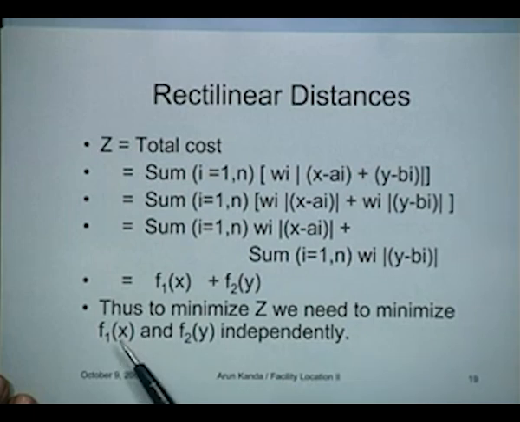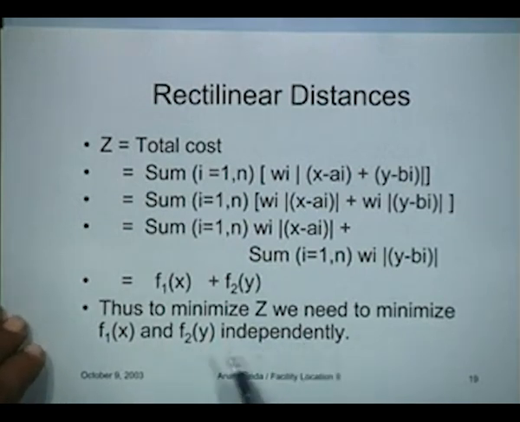Now, you can determine the procedure for doing this, and rather than derive the procedure, I would state it here. In fact, in this situation, f1(x) and f2(y) are minimized if you locate at the median location. That is the result. That actually comes from duality theory. We can look at the proof in the tutorials.